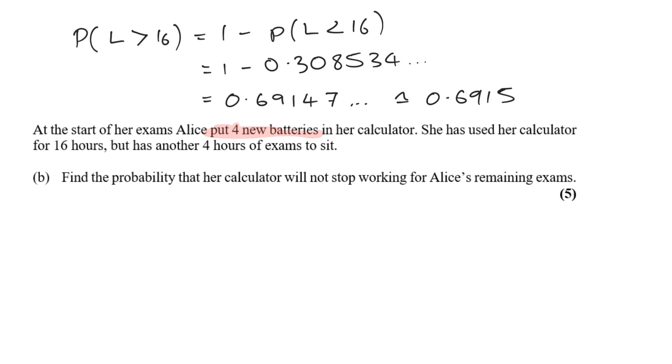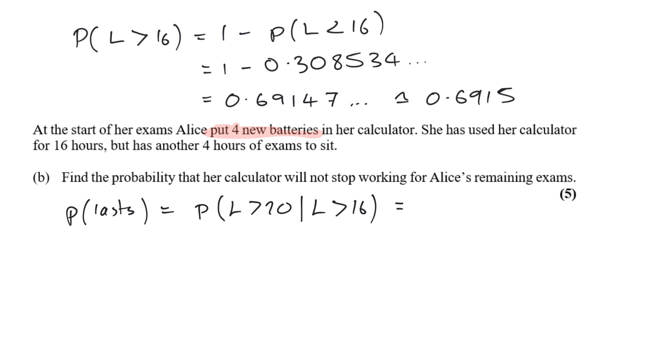We need the probability as a conditional probability, given that we want the probability it can last the 4 hours, which is equal to the probability that it will make it to 20 hours. So probability that L is greater than 20, given that L is already greater than 16.